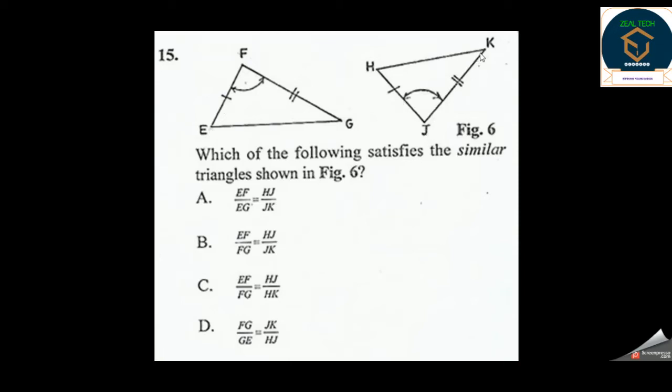This can apply to any other one that compares with this side, HK, as well as EG. And if you check these things I've said now, you discover that B is the only one that gives you the correct relation.